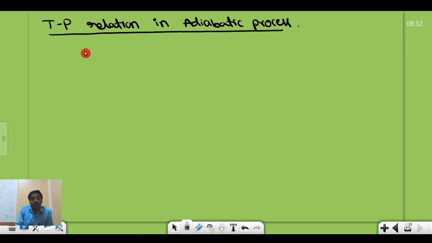Once again, I am taking the PV relation in the adiabatic process, PV power gamma is equal to some constant.